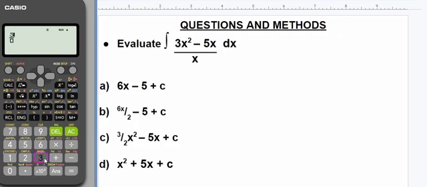You are pressing 3 alpha x square minus 5 alpha x. Then you navigate downward, you're pressing alpha x to bring out this sign, right? Then you're pressing equals to. Now you can see your answer here is minus 47/10. You can convert it to decimal by pressing this SD here. You're going to have minus 4.7.